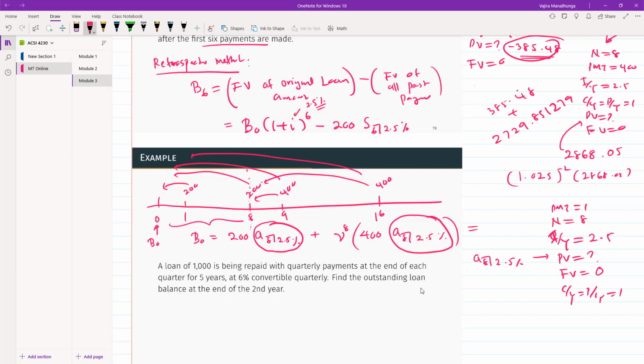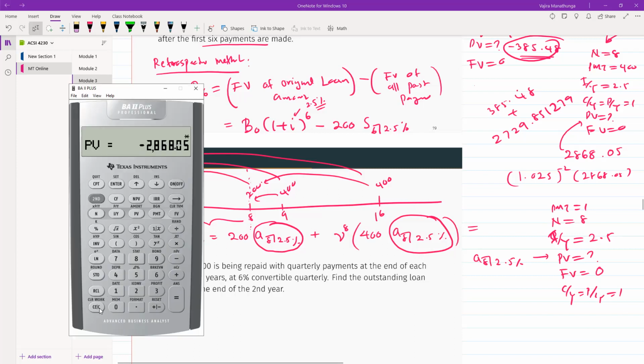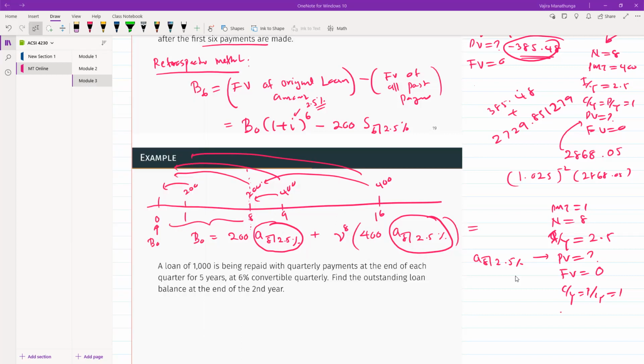Okay, so let's use our calculator and get the answer. Payment 1, 8 for N, 0 for future value, 2.5 for I/Y, and then compute present value. So it's going to be 7.17.